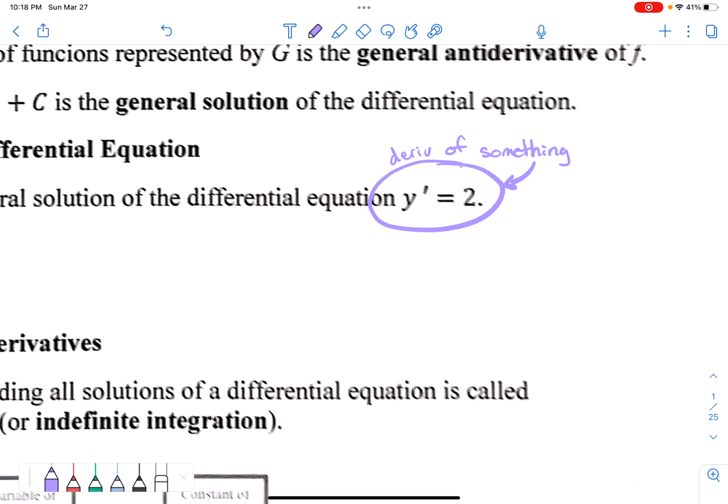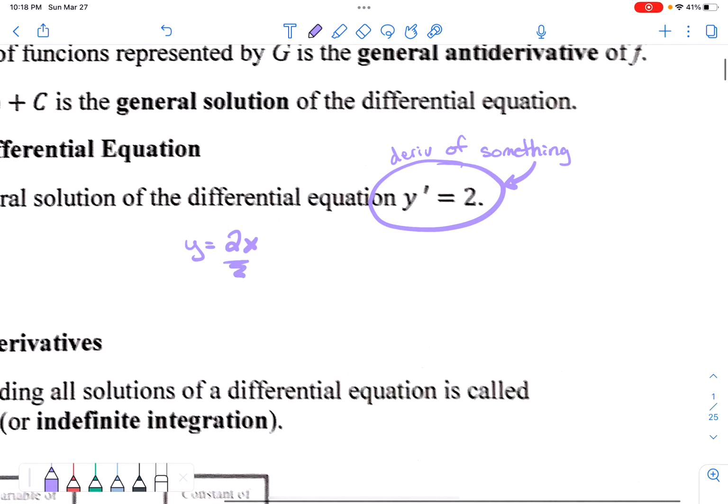If you think about it, let's just say 2x. Y equals 2x, and if I take the derivative of 2x, that just gives me 2, right? So 2x is the antiderivative of just 2, because if I take the derivative, I get 2.